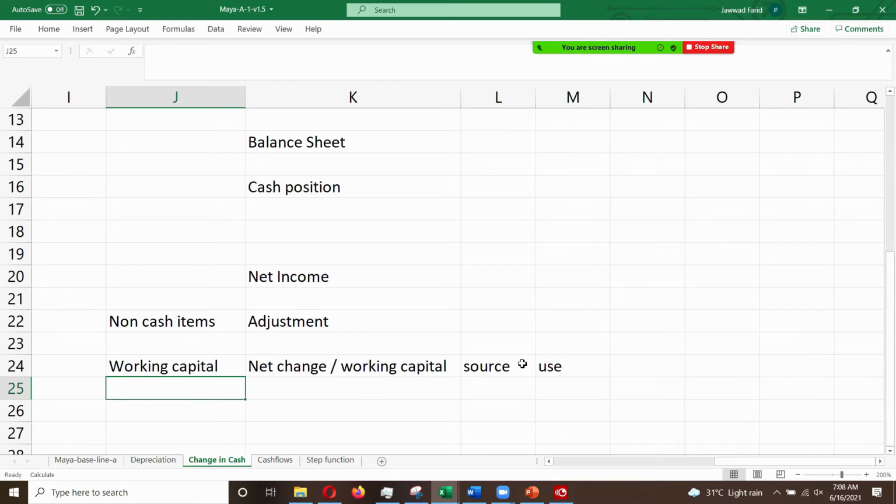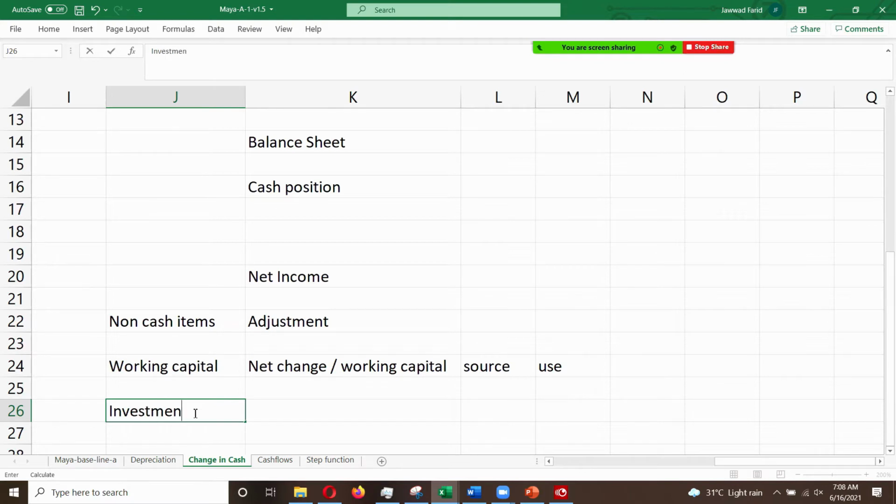So if our payables are greater than our receivables, high level simple example, then our working capital is generating cash. And if our receivables are greater than our payables, then our receivables are using cash, right? So there's going to be some net change in cash.